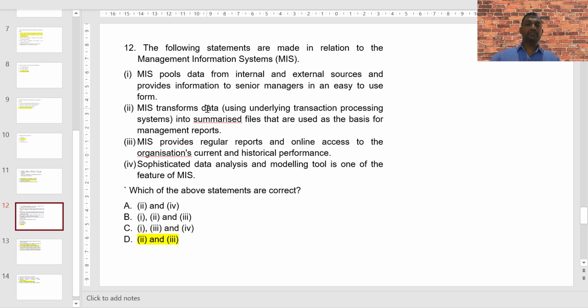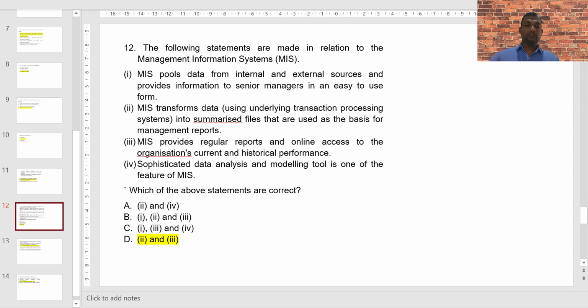MIS transforms data using underlying transaction processing systems into summarized files that are used as the basis for management reports. 3. MIS provides regular reports and online access to the organization's current and historical performance. 4. Sophisticated data analysis and modeling tools is one of the features of the MIS.